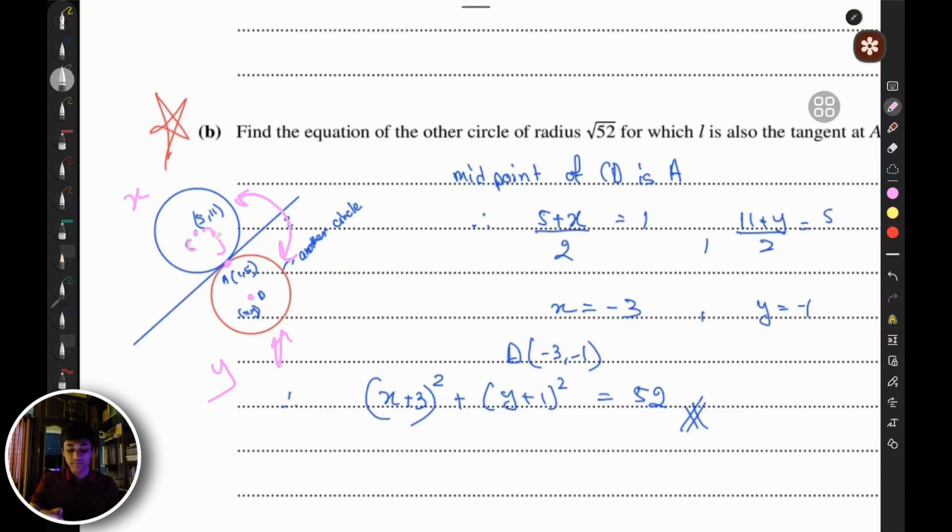In that case, since the radius of both is equal and both touch the same point A, the radius is root 52.